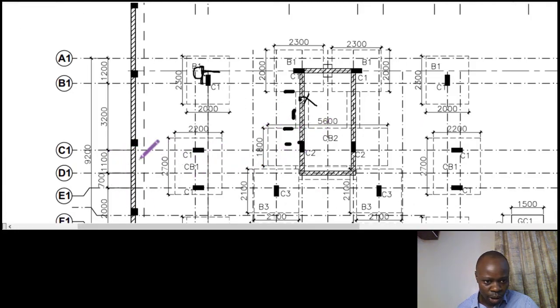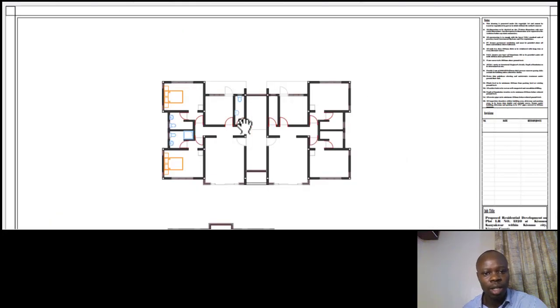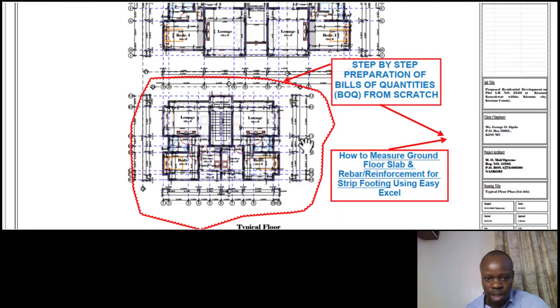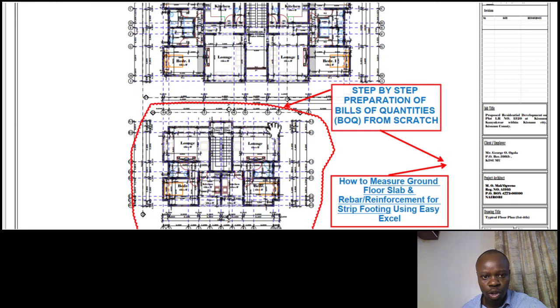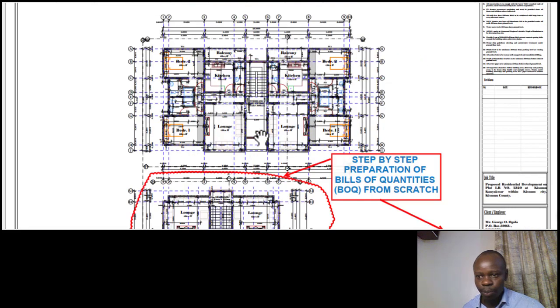According to this plan, there is 1100, then 3200, and also 1200. You notice that the plan is not very complete. So how do we go about that? What we'll do is read it in conjunction with the architectural plan so that we see exactly what we need at that point.